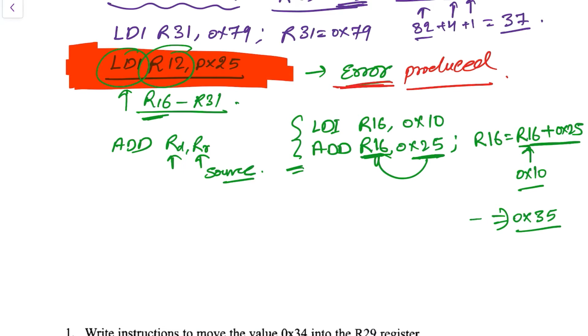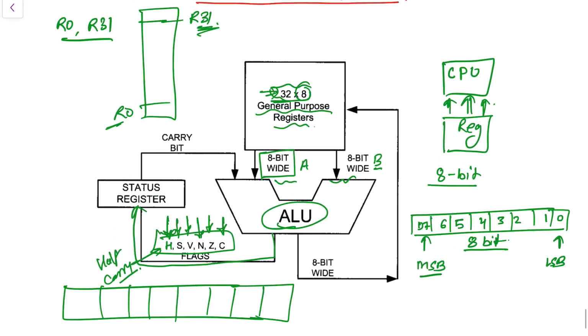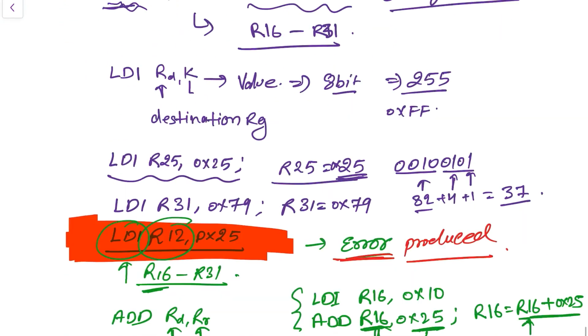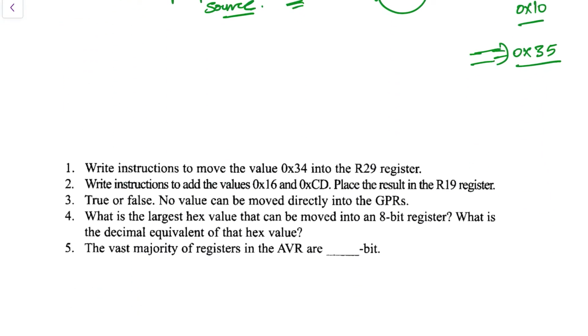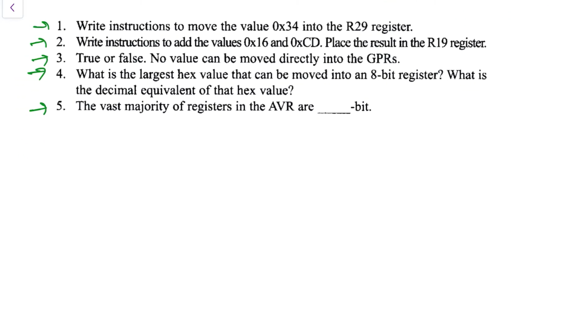Okay, so after this we are going to review a few questions based on this lesson which we have discussed here. There are a total of 5 questions and we are going to solve them. The first question is: write an instruction to move the value of 0x34 into R29.